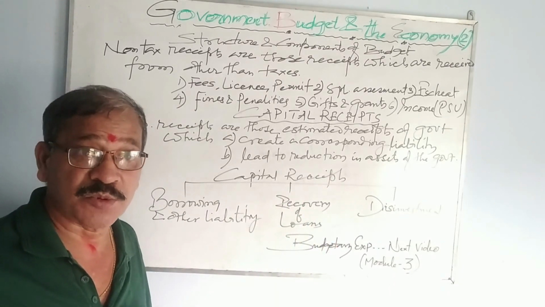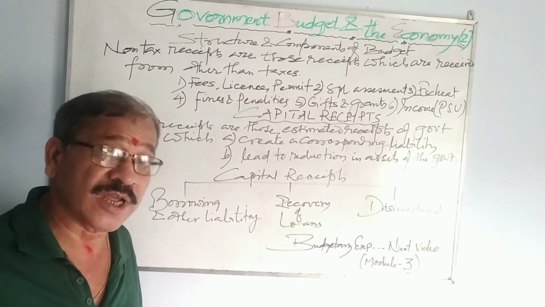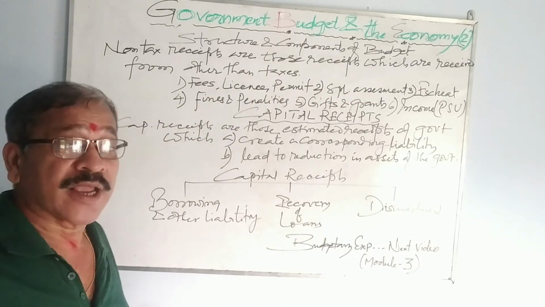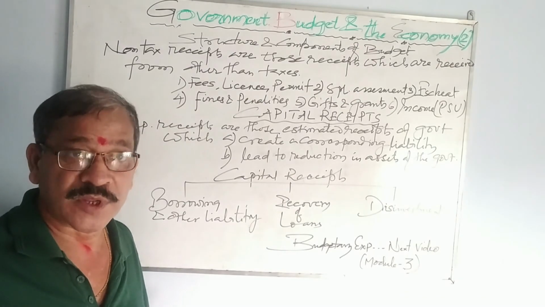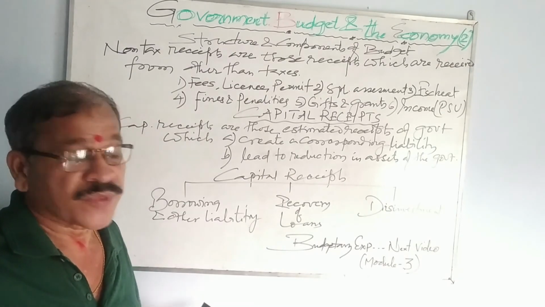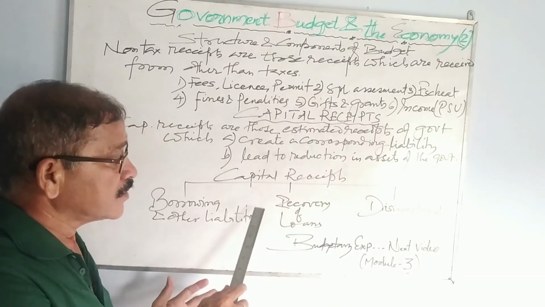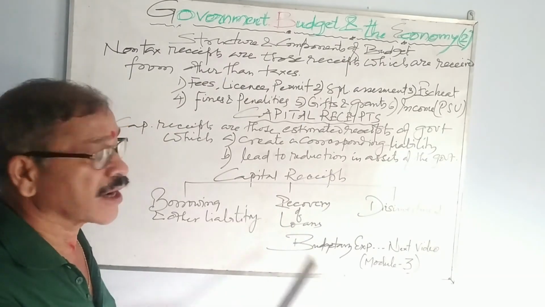Money comes, but for that money there is a corresponding liability, and the assets of the particular unit will also reduce. So these are the three basic parts of capital receipts.